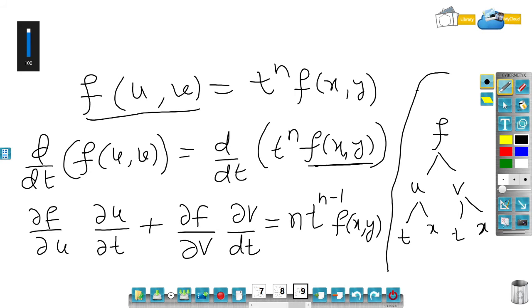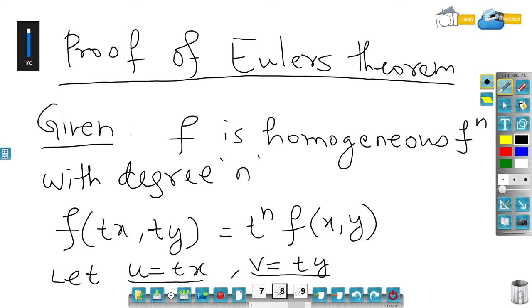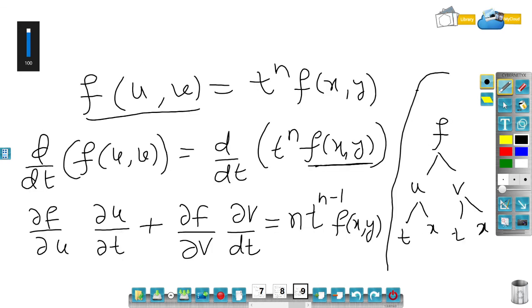So what is dou u by dou t? From this you can easily find out dou u by dou t is equal to x. Dou u by dou t is x, and dou v by dou t is again y. So that I am going to use here. So this will be replaced by x and this will be replaced by y.